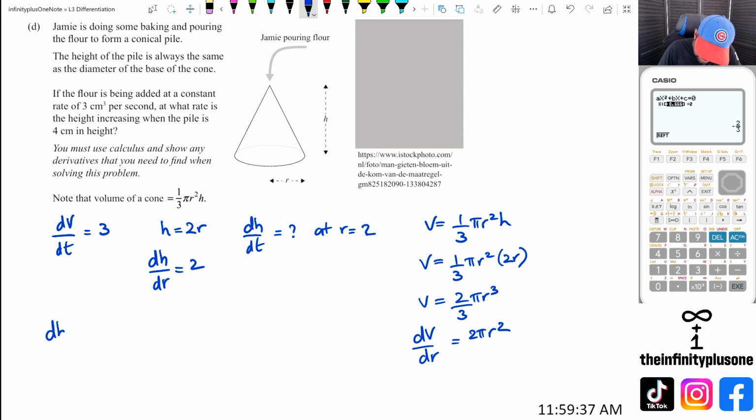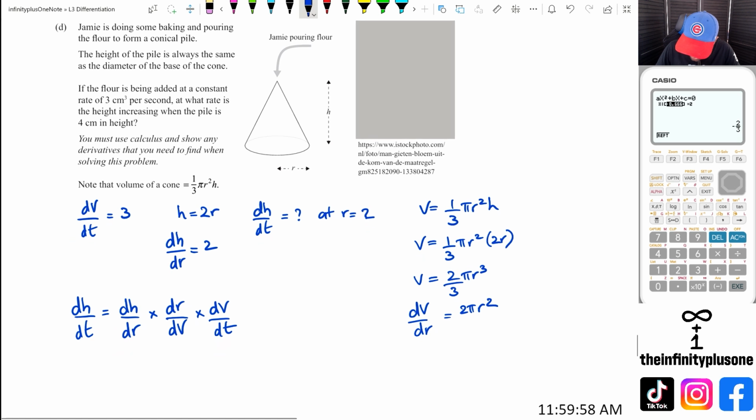So if I look at dh/dt, I should now be able to compile it, because I've got dh/dr multiplied by, I want to get rid of dr, so dr/dV multiplied by dV/dt. Yeah, that looks good there, because that's going to get rid of the drs.